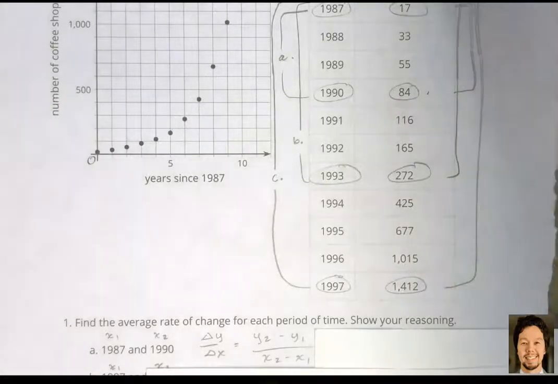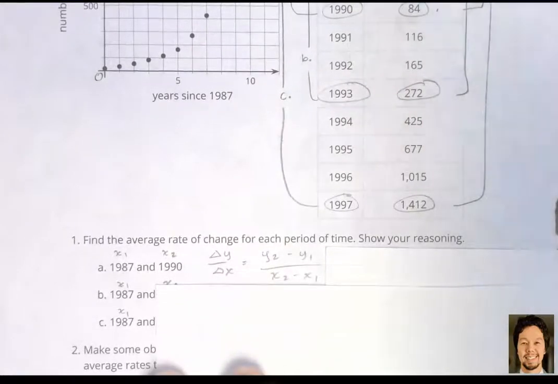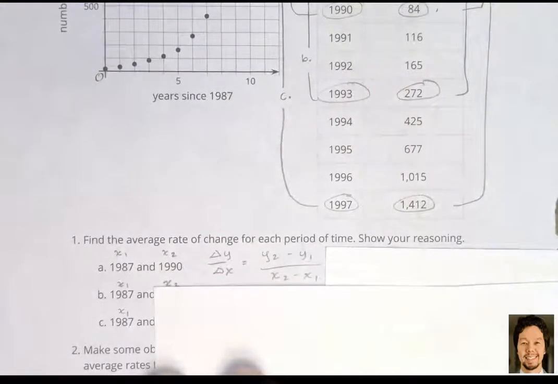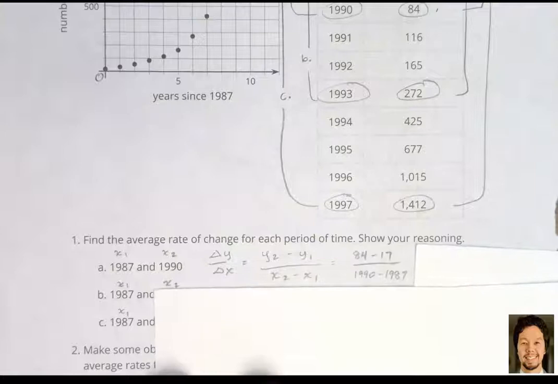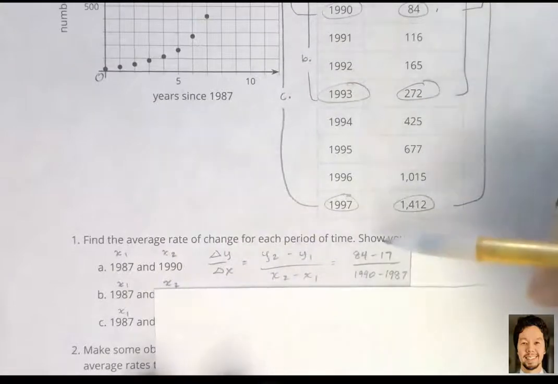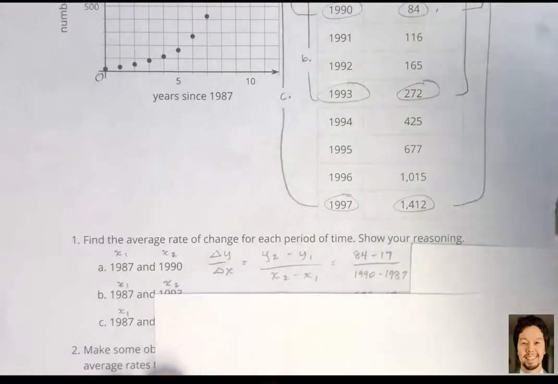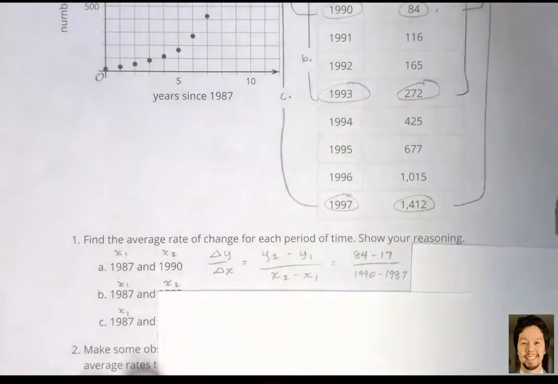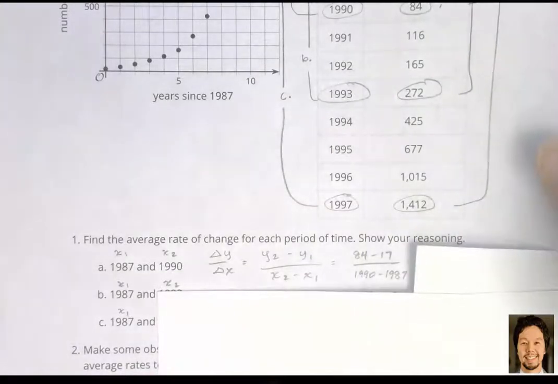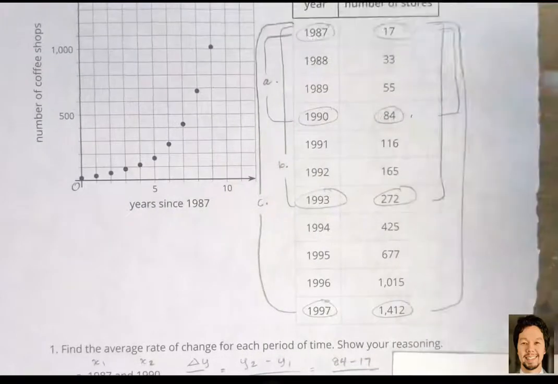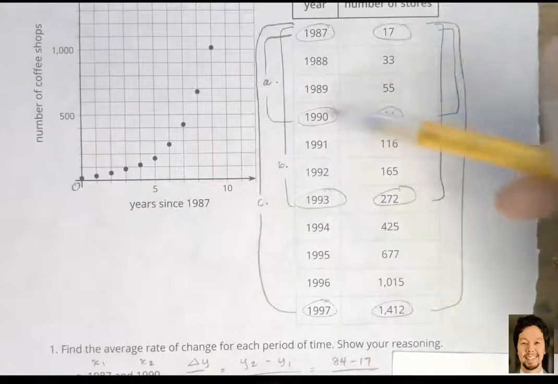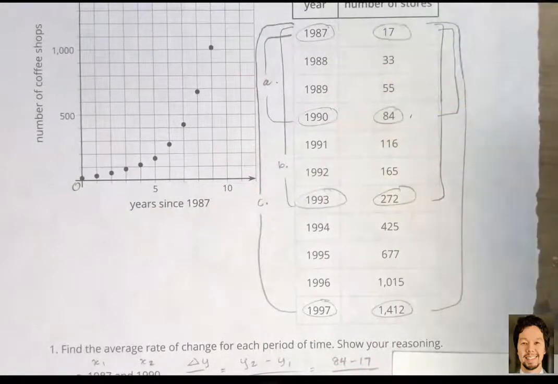And we have Y2 minus Y1 over X2 minus X1, which are replaced by the values 84 minus 17 divided by 1990 minus 1987. So here's your 84 minus 17. Here's your 1990 minus 1987.